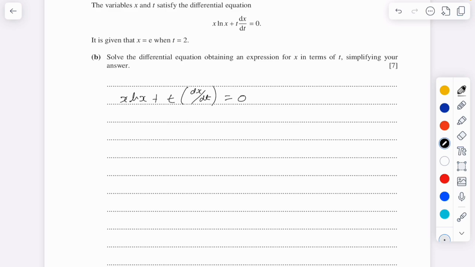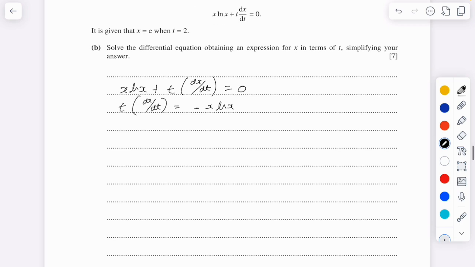We can then say we've got t dx by dt here, that's going to equal minus x ln x, which therefore means that dx by dt is equal to negative x ln x over t.